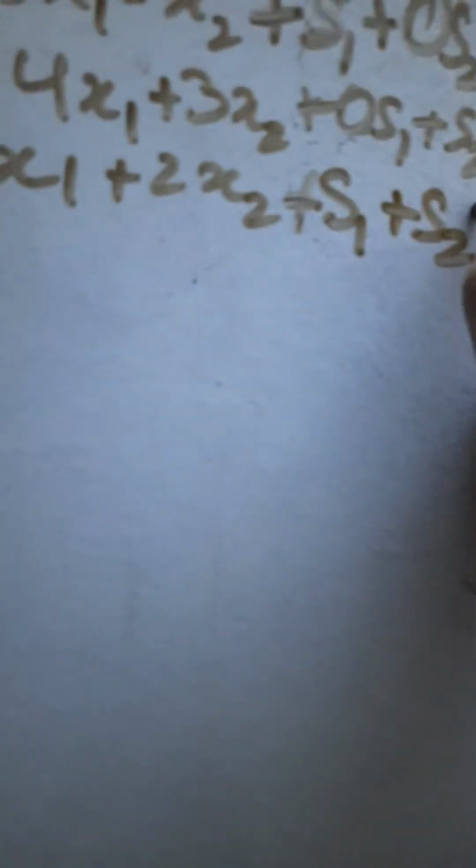The only problem is I don't know what to do with the third equation. Let's just give it S1 and S2: x1 plus 2x2 plus S1 plus S2 equal to 3.